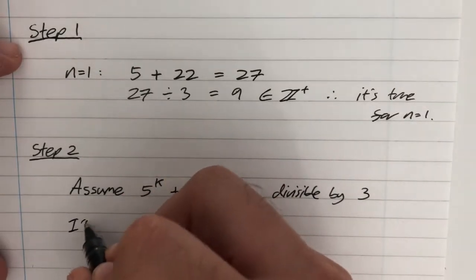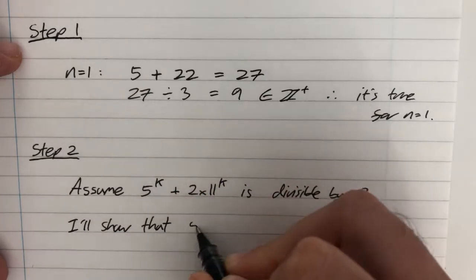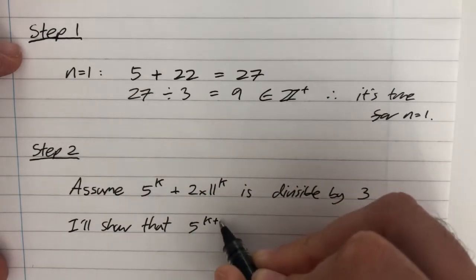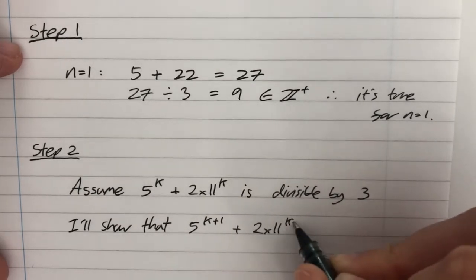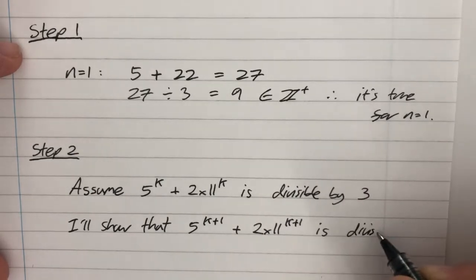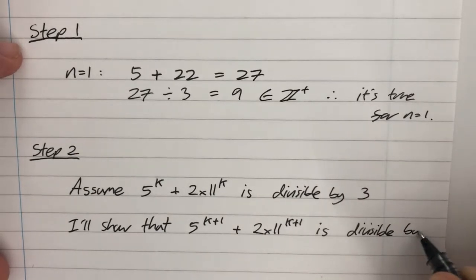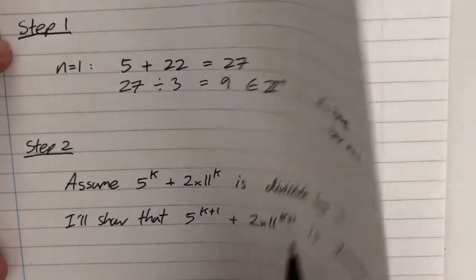I will show that 5 to the k plus 1 plus 2 times 11 to the k plus 1 is divisible by 3. Okay, and I will show that this is true using this assumption.